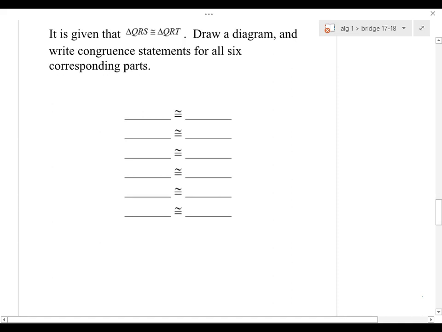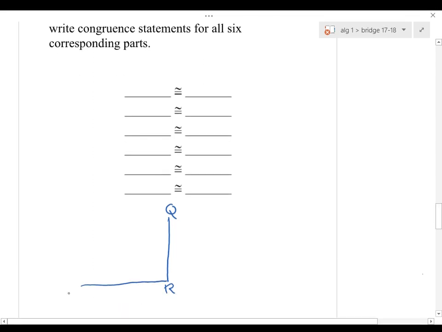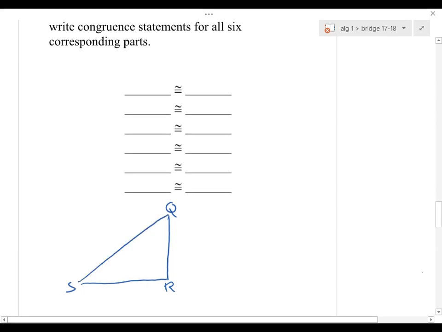So I have 2 triangles, QRS and QRT, which are congruent to each other. I can see right here that we have a common side. So I'm just going to take this and make it a common side. So I have QR. Now my other triangle on the left, we have QRS. I'm just going to put an S out here and just complete the triangle.